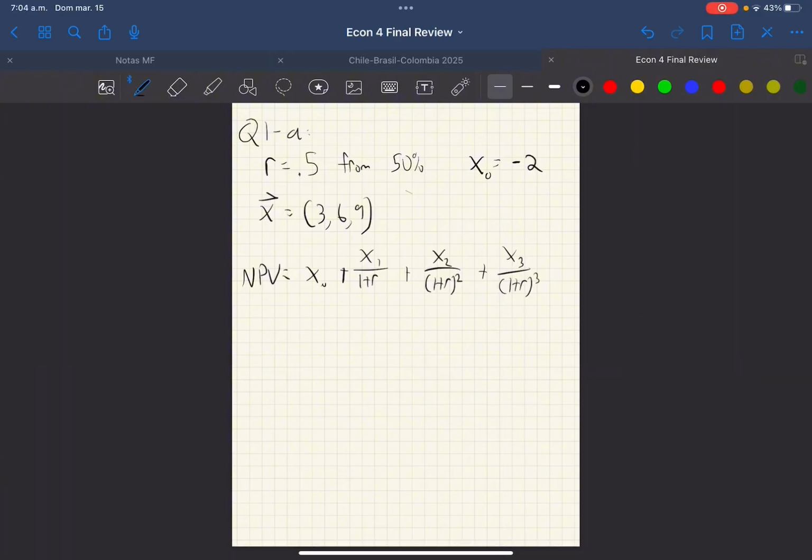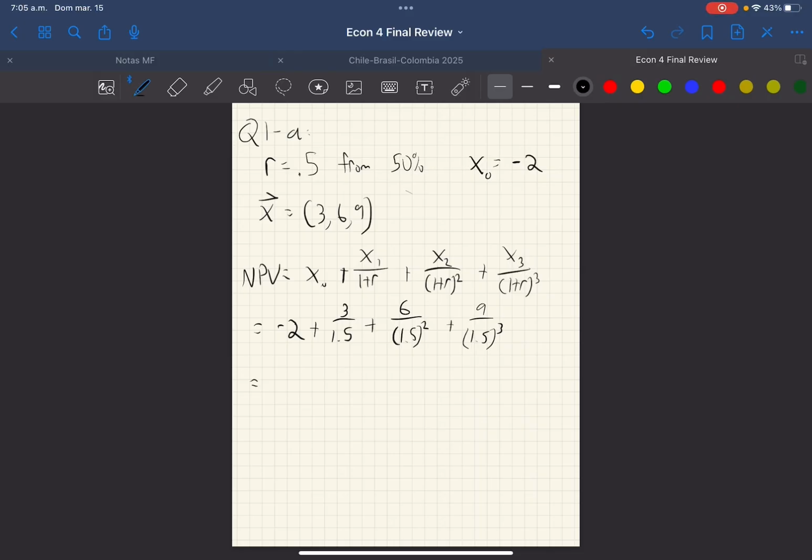This would be the formula we would use because we have all these periods, and these are our only periods. If you plug in numbers, you get -2 plus 3 over 1.5, right? 1 plus r, plus 6 over 1.5 squared, plus 9 over 1.5 cubed.